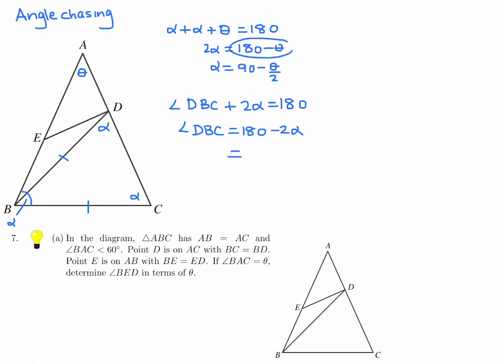But 2 alpha we just got up there is 180 minus theta. So I can put that in, minus 180 plus theta, because I'm subtracting. And that just gives me theta. Interesting. So that means that this angle in here is theta. So I'll put that there. That's theta right there.